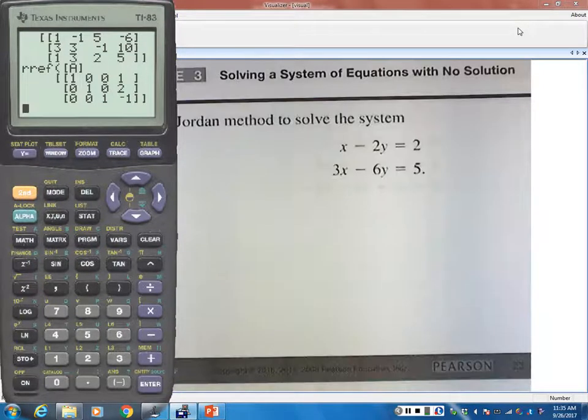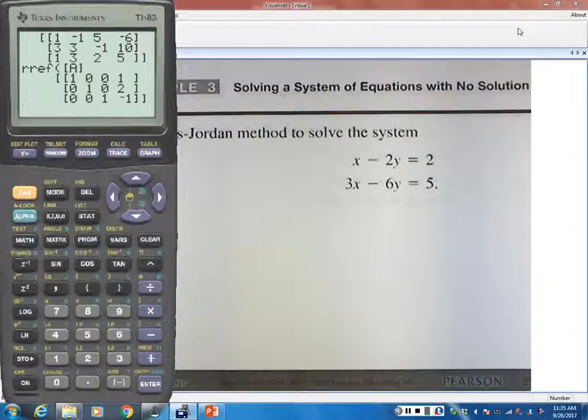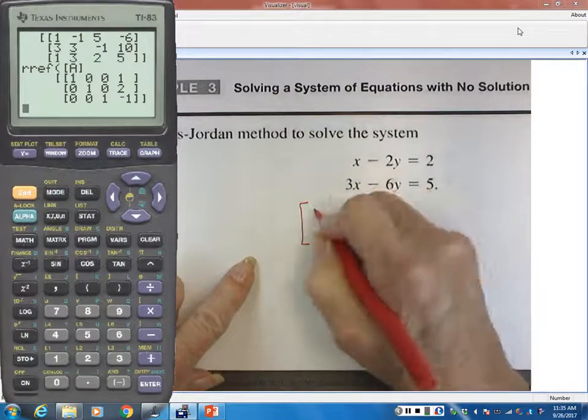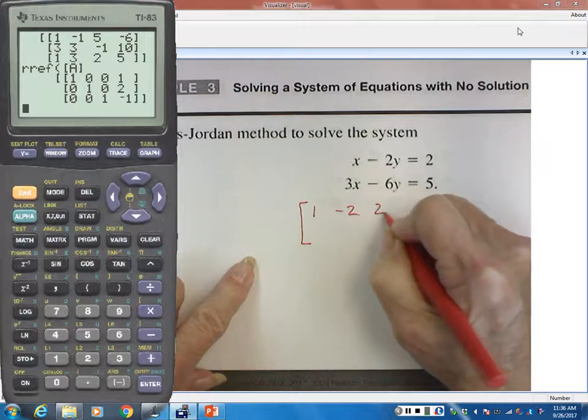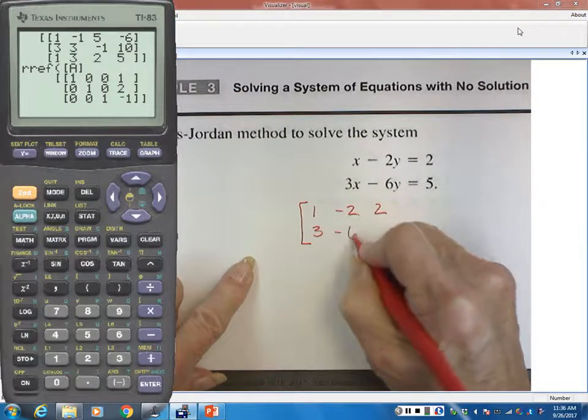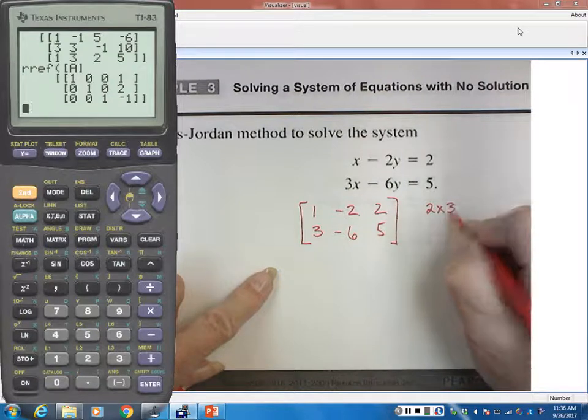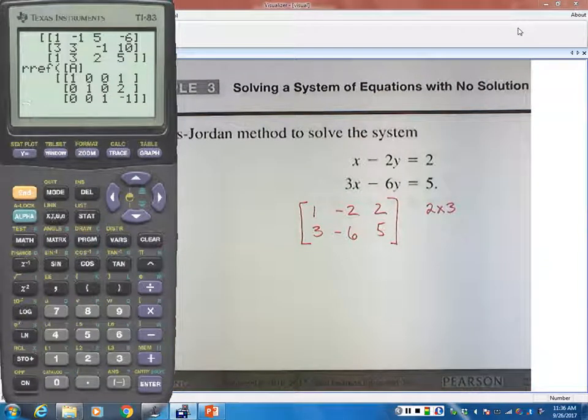Now, how are we going to know if we got one with no solution? How's Gauss-Jordan going to tell us there's no solution? Well, okay, here's our matrix. It is a 2 by 3. Put that in your calculator and tell me what you get for the RREF form. Let's let you do one.